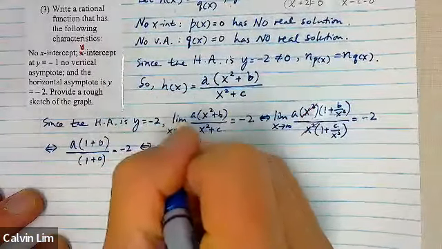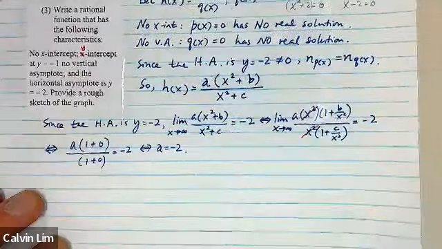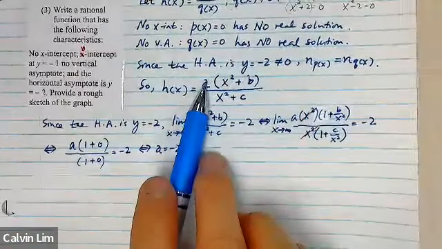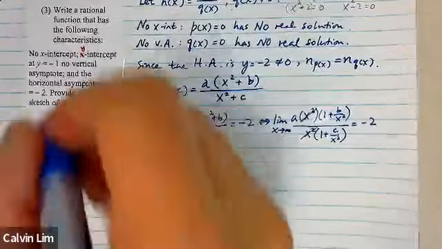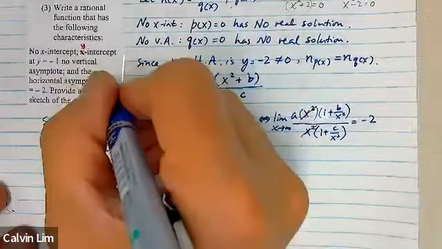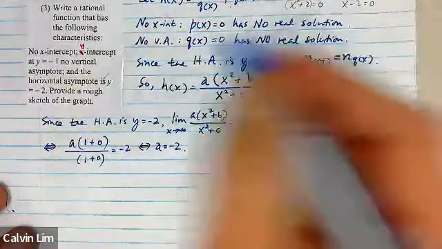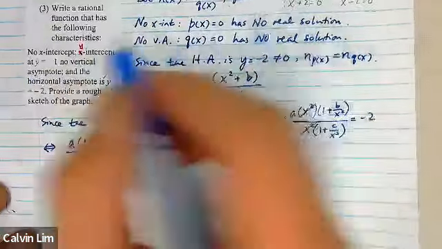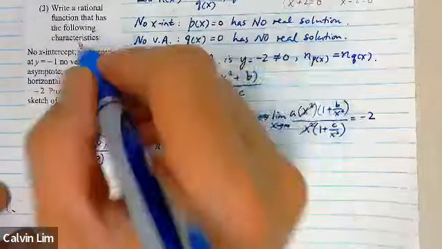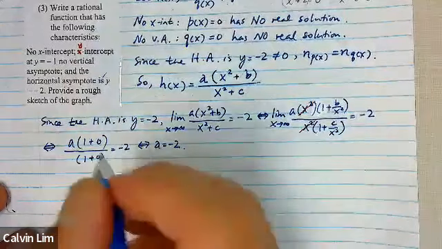So what does that tell us? A equals -2. So we have the value of A. We used up the horizontal asymptote. We haven't used the y-intercept yet. Now it's time to use the y-intercept.